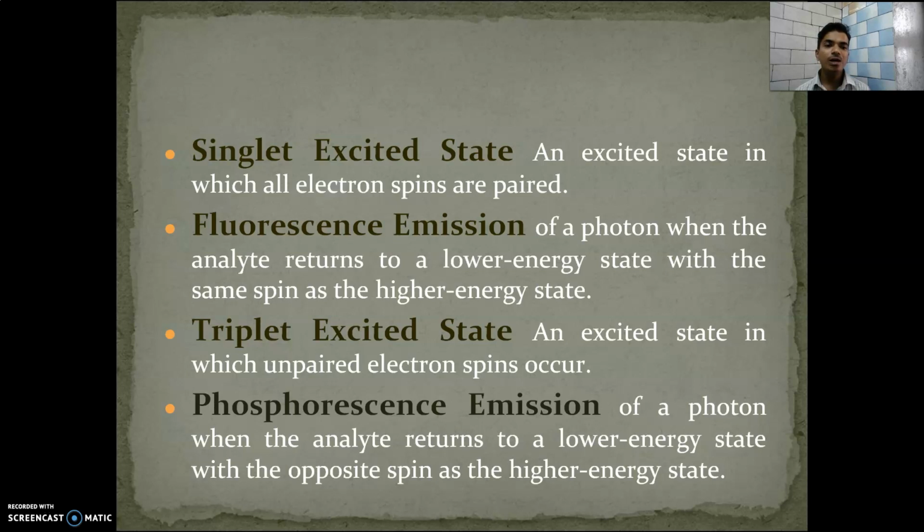The photon returns to the lower energy state with opposite spin to the higher energy state. In the case of fluorescence the spin is the same, not opposite, but in the case of phosphorescence the emission takes place with the opposite spin.